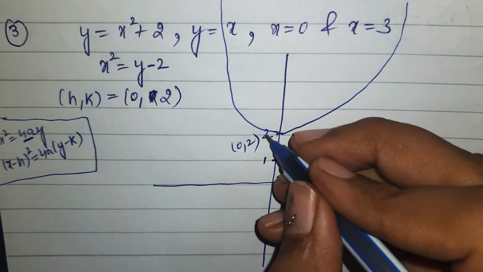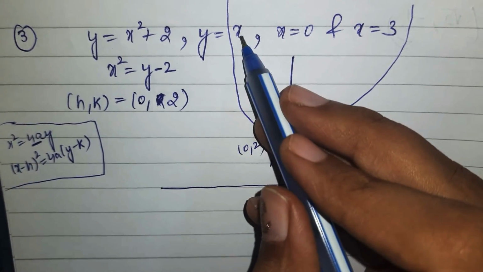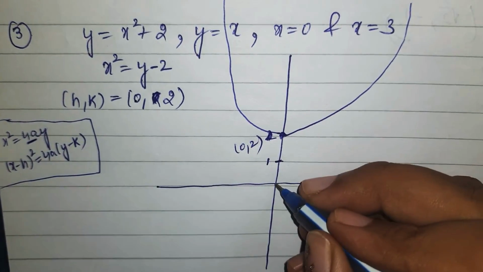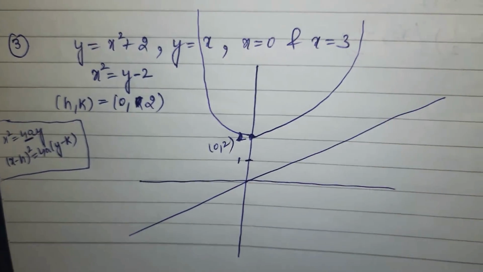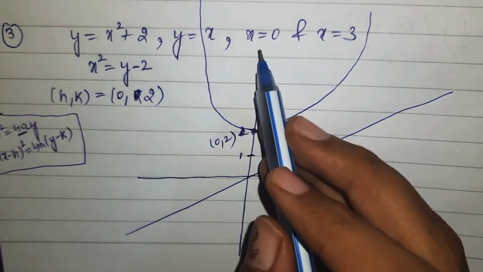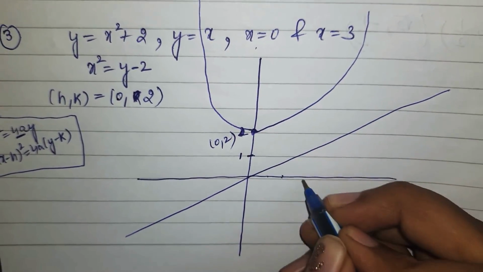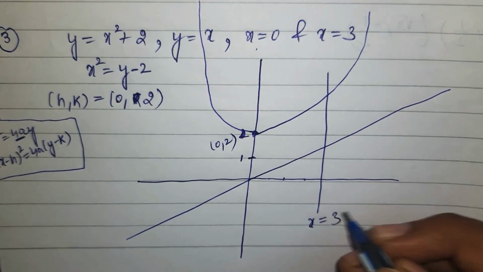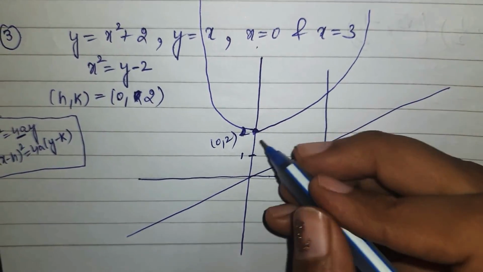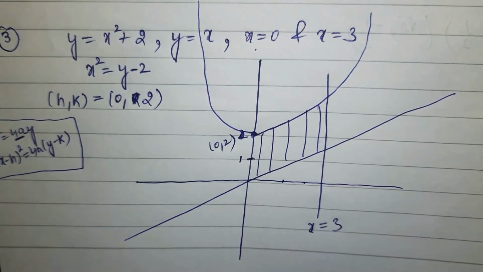That's why I have written this. So 0 comma 2, and y is equivalent to x is the line which passes through the origin. Then we have x is equivalent to 0 and x is equivalent to 3. 1, 2, 3. Let's suppose this is x is equivalent to 3. So the area between the parabola and the line will be this. You need to calculate this area.